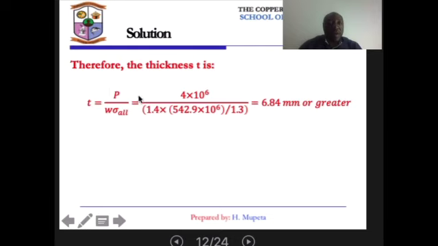So the thickness now becomes equal to the force divided by the width multiplied by the stress. Now this stress is equal to the yield strength divided by the factor of safety.